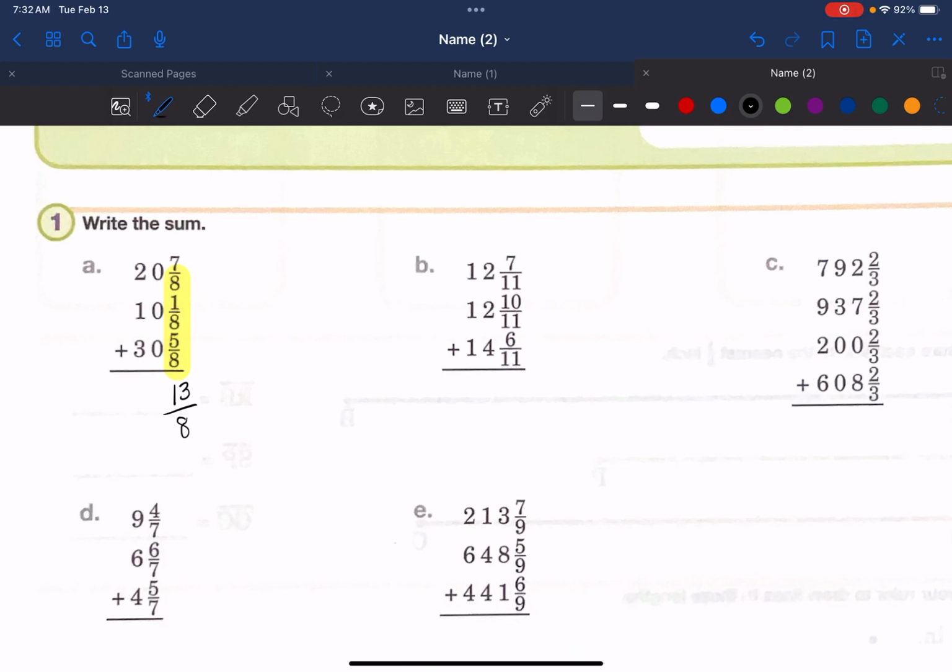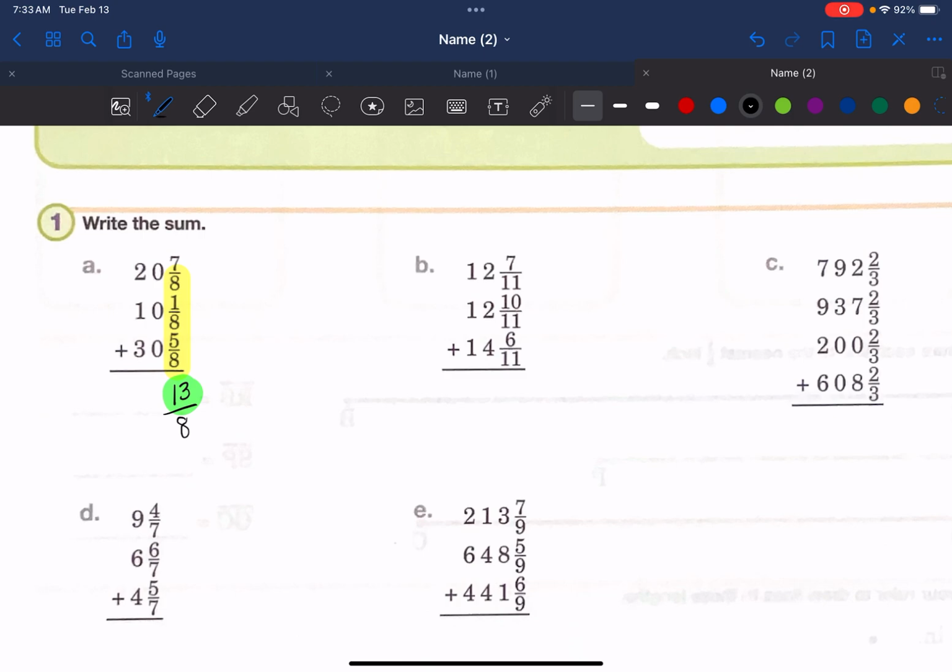You can stop right here and change your improper fraction. This is improper because 13 is greater than 8. That means we have more than one whole. So I'm going to do it this way because I like to show that fractions are not yet a whole number. But then we carry it over to our first whole number.